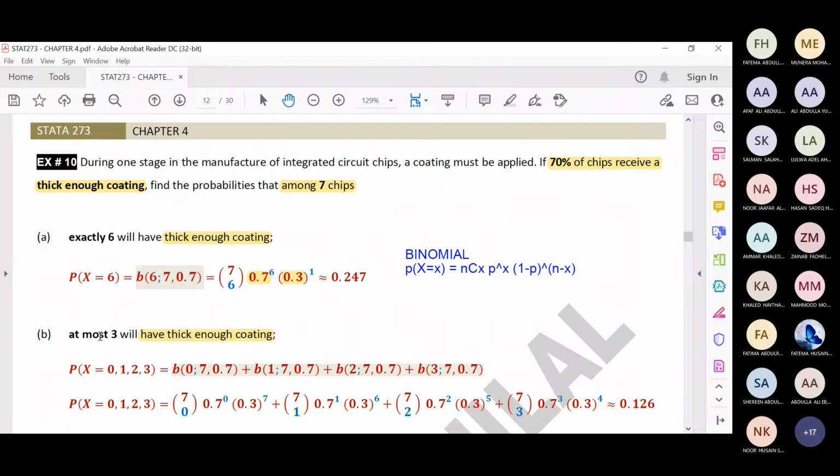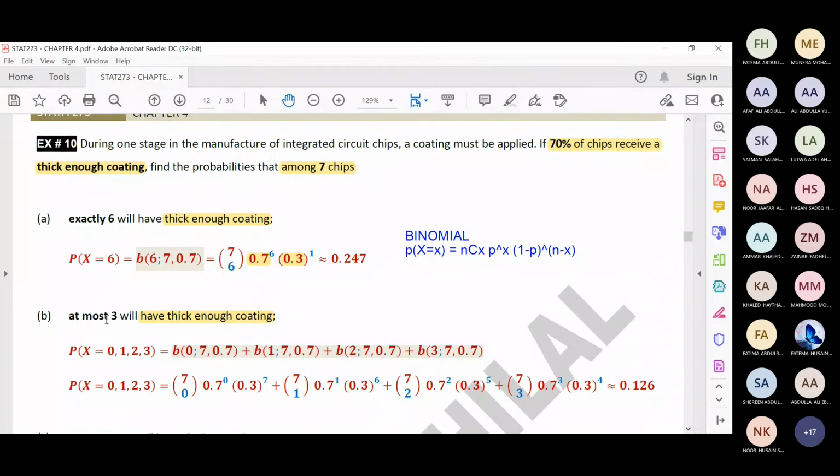What does it mean at most 3؟ يعني شنو يكون عندي at most 3؟ معناته either x 0 or 1 or 2 or 3. يعني what's the probability that x could be 0 or 1 or 2 or 3? Which means that you have to substitute every time.